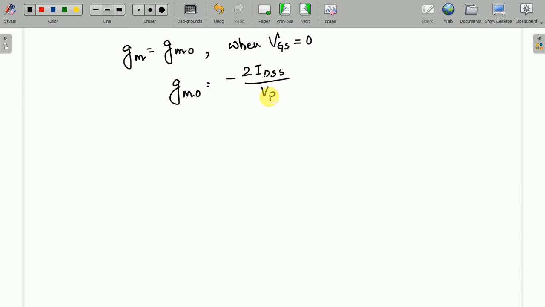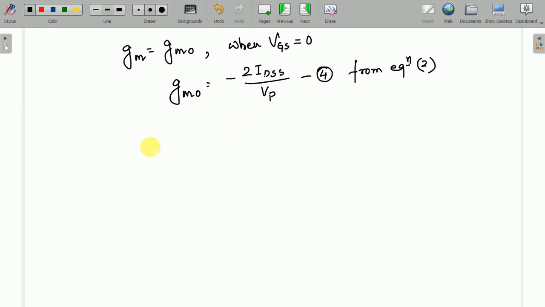This value I obtain from equation number 2, minus 2 IDSS by VP, by taking GM equal to GMO. Let me give this equation number 4.